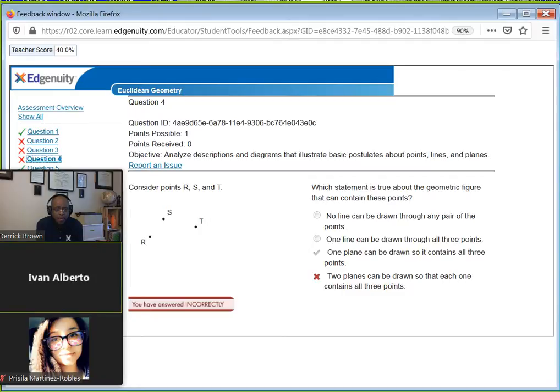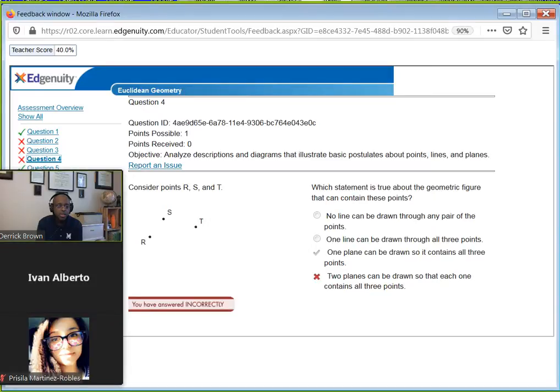Hold on, give me a second. I think I read it as a plane contains at least 3 non-collinear points, so I thought that one might have been right because it was like 2 planes and then it had 3 points.